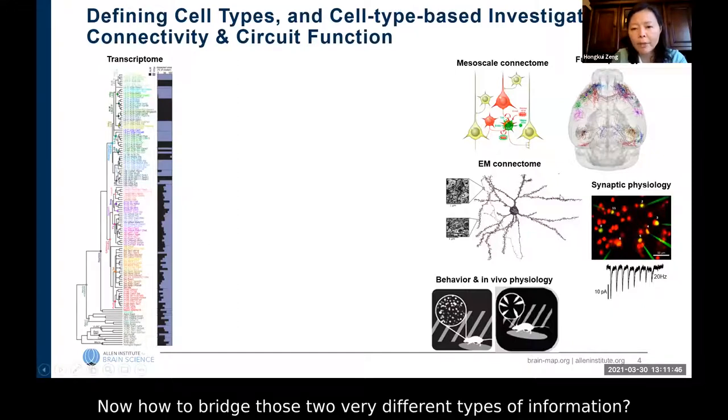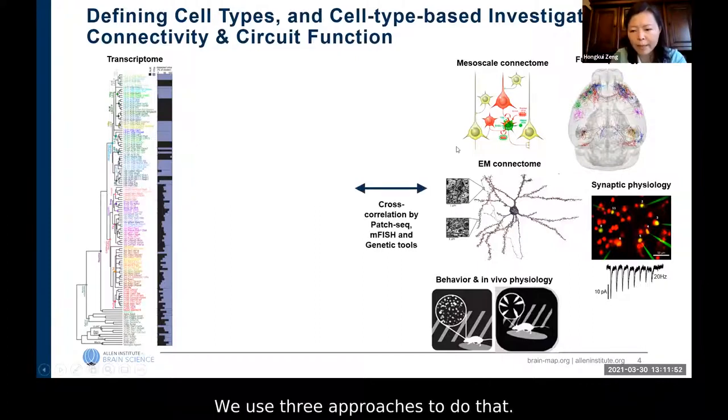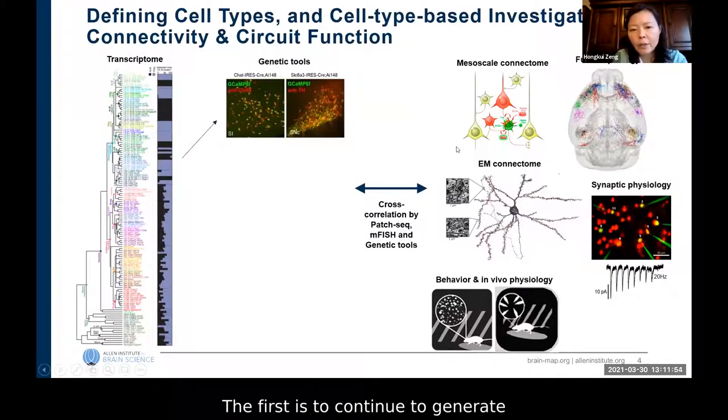Now, how do we bridge those two very different types of information? We use three approaches to do that. The first is to continue to generate more refined genetic tools. We started with generating a large battery of transgenic driver lines using genes marking specific molecular types.